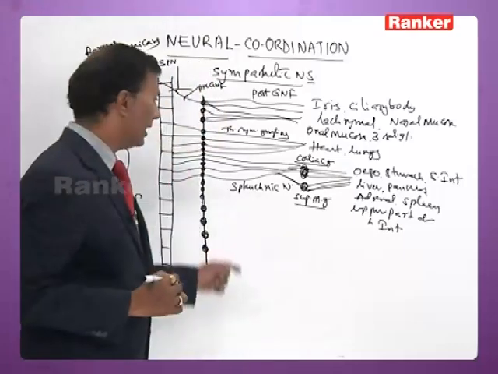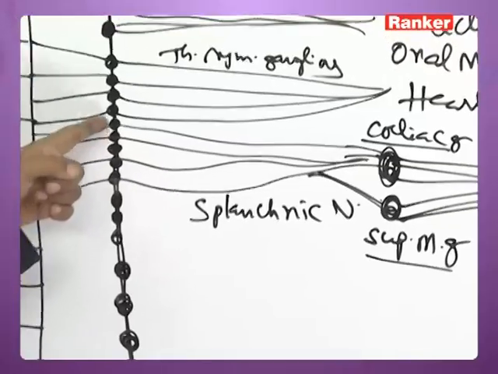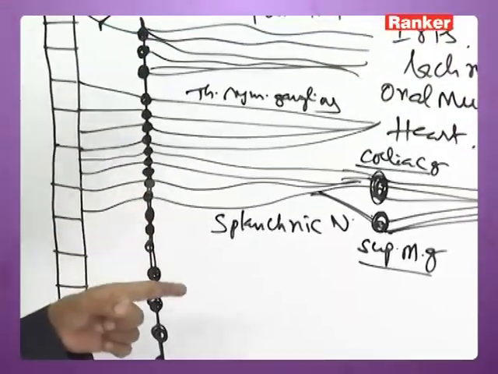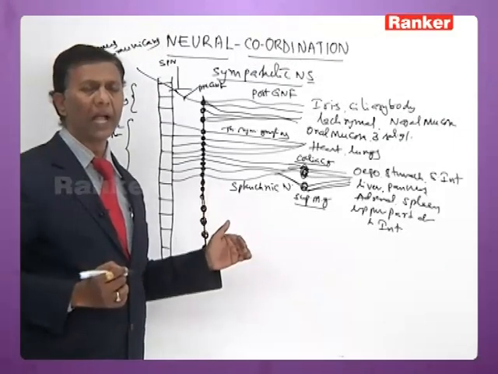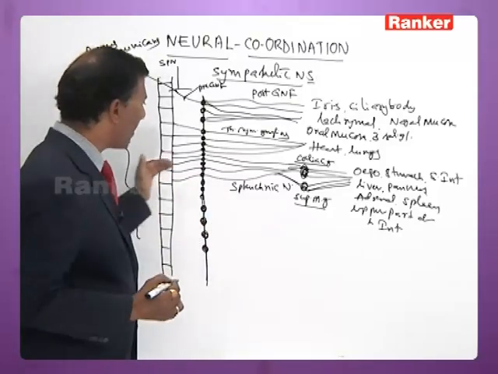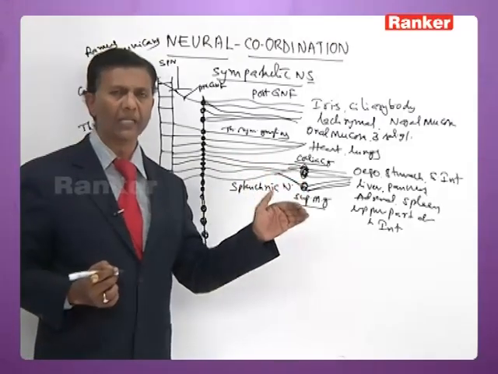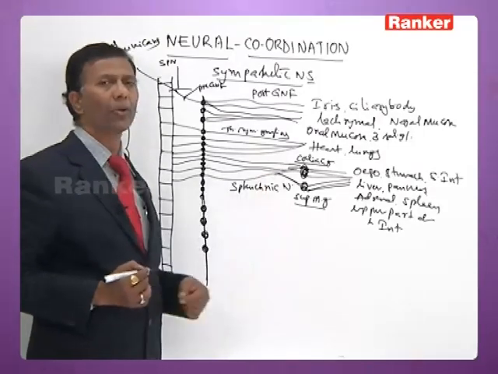So here the preganglionic nerve fibers are passing through the lower thoracic and upper lumbar sympathetic ganglions. They don't terminate at the sympathetic ganglion level. They merely pass through the sympathetic ganglions of lower thoracic and upper lumbar region. They extend up to visceral organs.